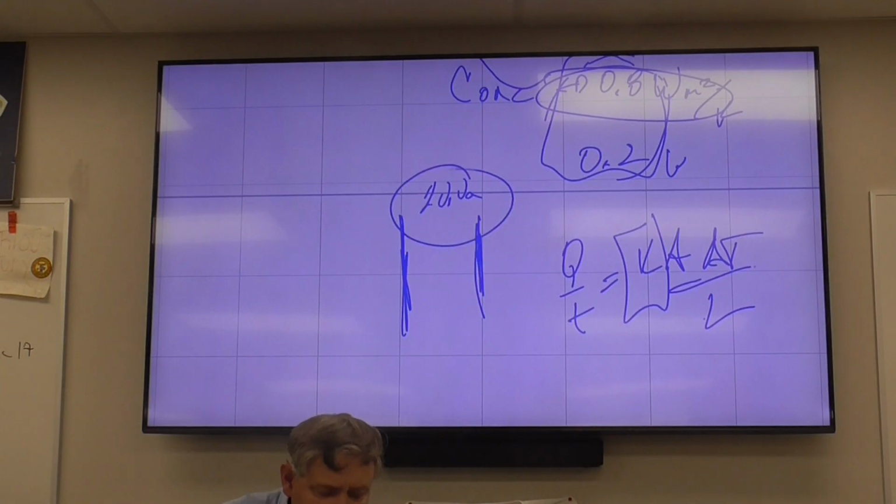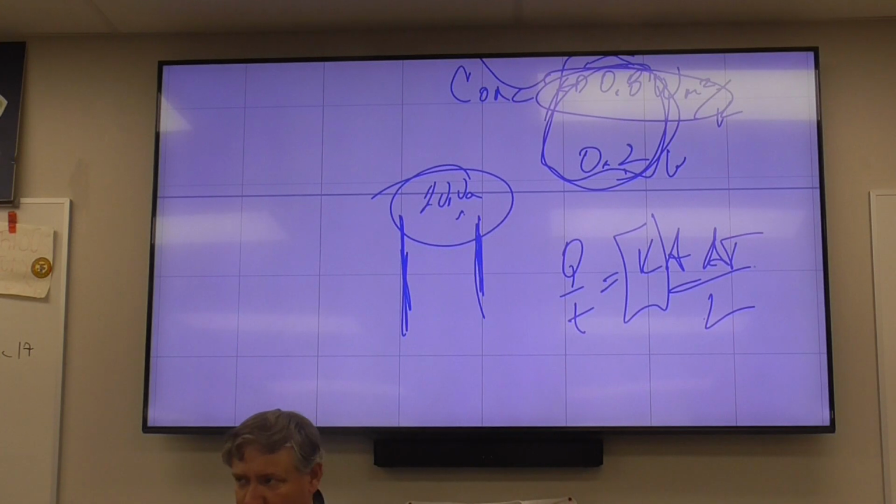So this is 20 centimeters. You want the same rate of thermal flow. If you look at the ratio of 0.8 to 0.2, which is a value of 4, mathematically you only have two options.